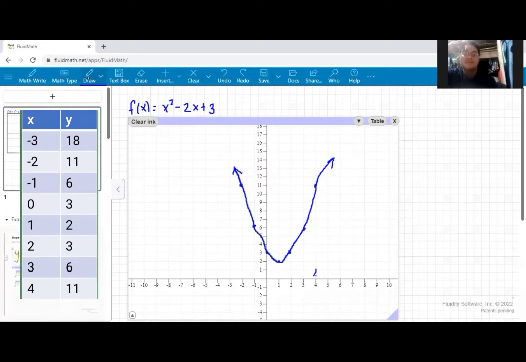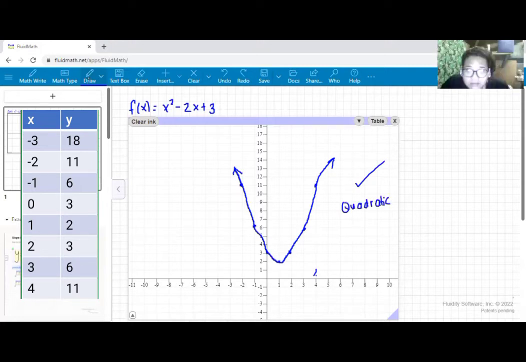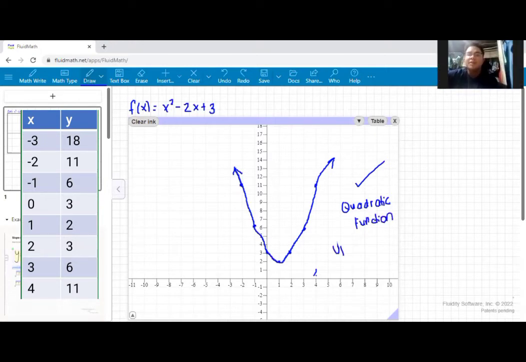So we can confirm that this function is quadratic and it opens upward. Upward because a is positive, or greater than 0.